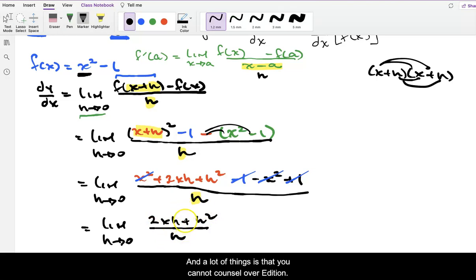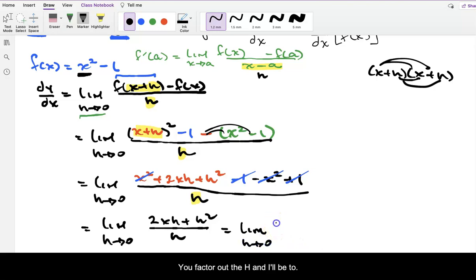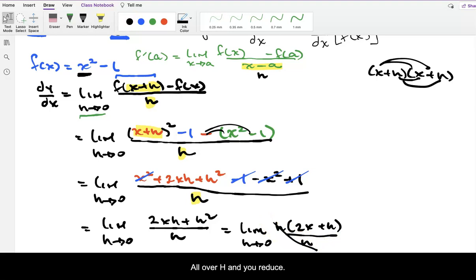And one thing is that you cannot cancel over addition. I didn't make the rules. It's just like you can't make a U-turn in the middle of the street. You could get a ticket. It's kind of like that. And so unfortunately, you factor out the h, and that will be 2x plus h all over h, and you reduce.